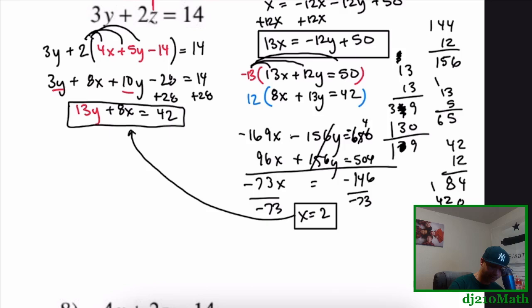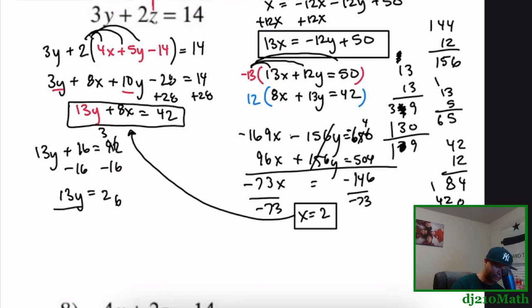Let's plug it in here and solve for y. So 13y plus 8 times 2. I'm just going to do the math right now. 42 minus 16. So 13y is equal to 26. Y is equal to 2.